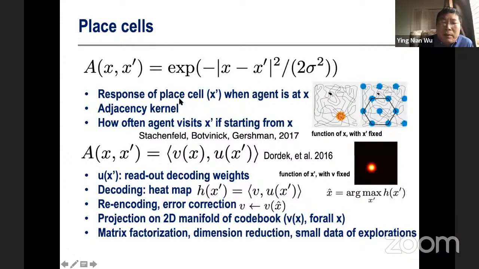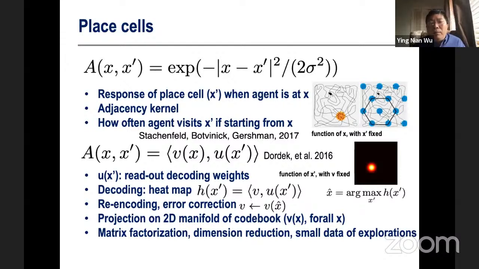Each place cell is associated with a position x prime. For the place cell associated with x prime, when the agent is at x moving around, the firing is modeled by this Gaussian kernel, which is actually an adjacency kernel.